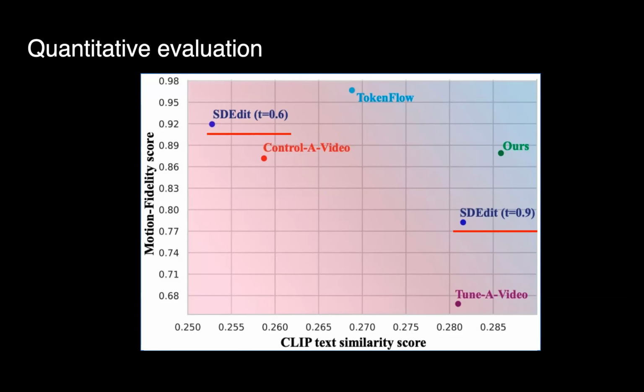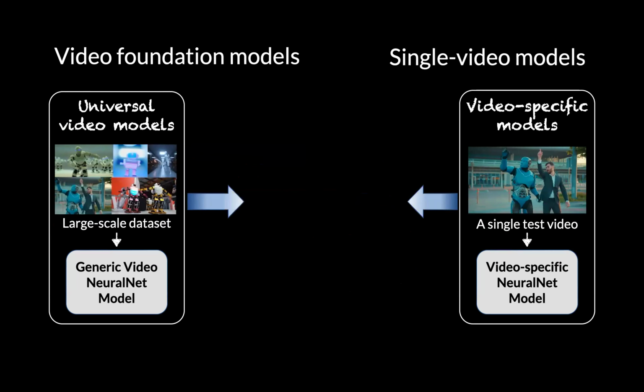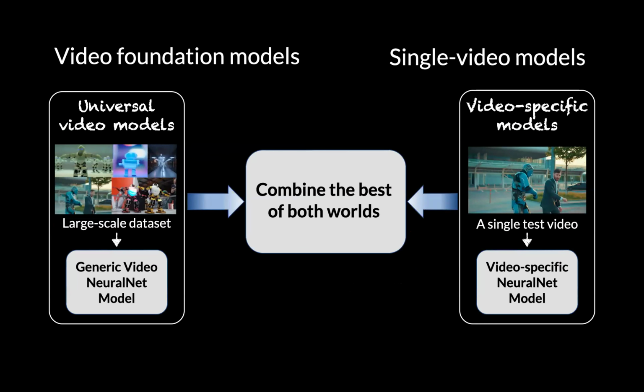Okay, so just to summarize, I talked about the latest in video generation. We talked about the pros and cons of these two ends of the spectrum: large-scale video foundation models on one hand, single video models on the other end. I hope I managed to convince you of the potential and effectiveness of combining the best of both worlds.